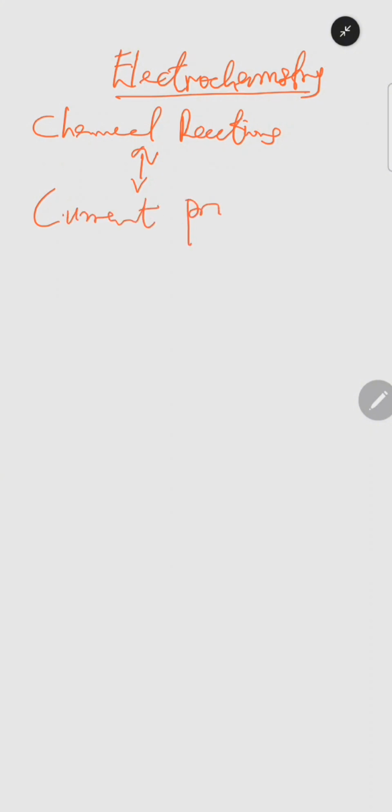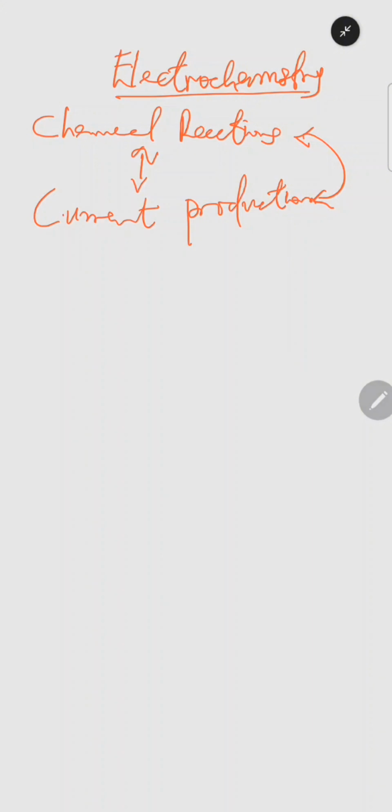In this part of chemistry, we'll be looking at how chemical reactions relate with current production. How these two things relate is what we'll be dealing with in electrochemistry.